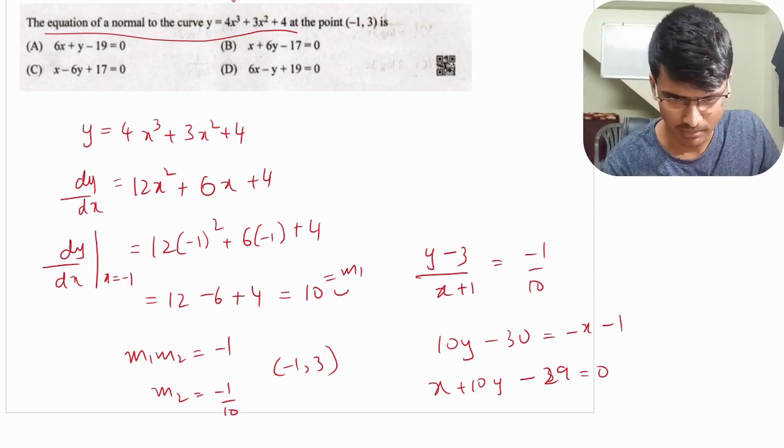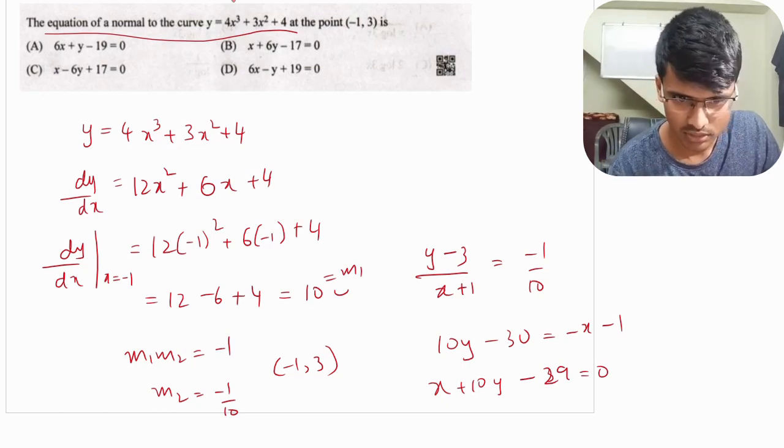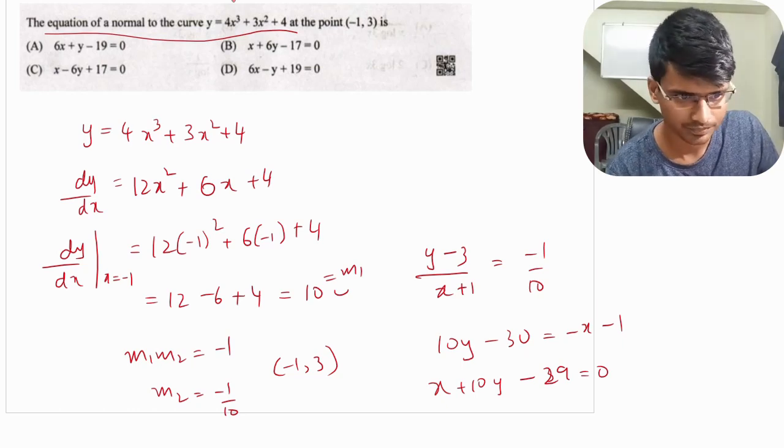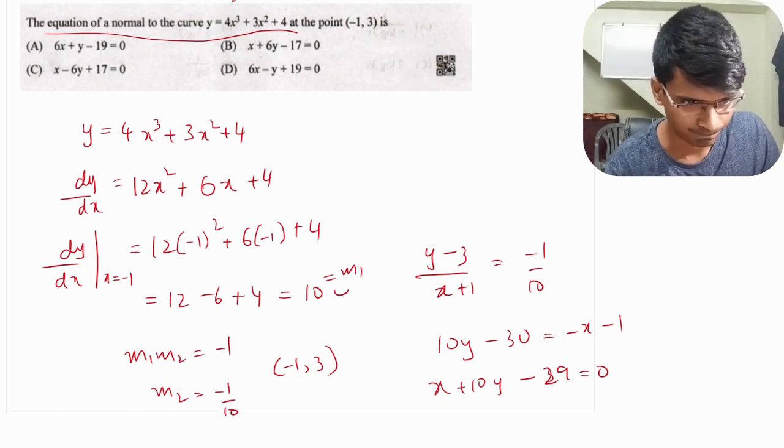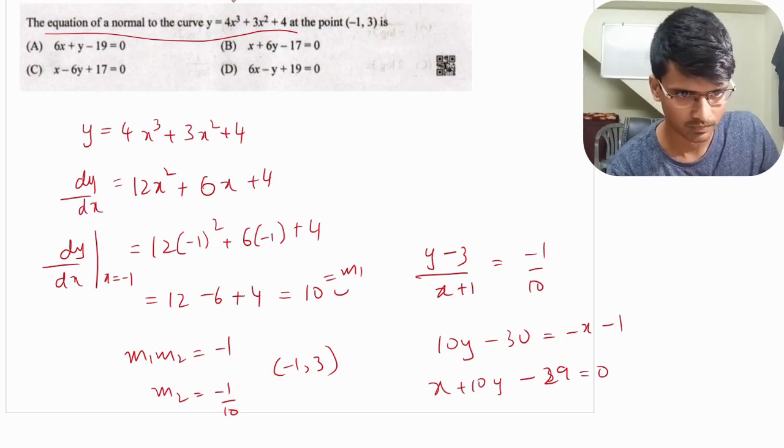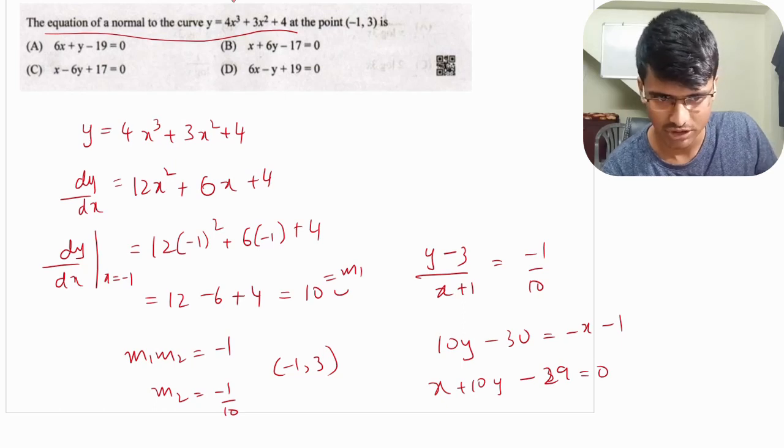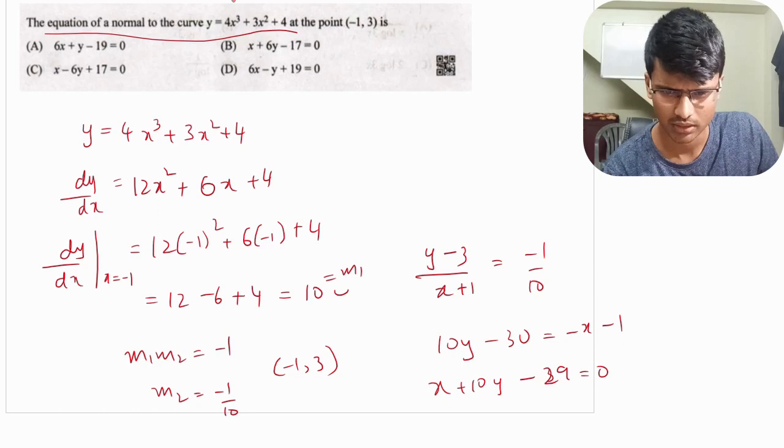Sorry, we have made a mistake here. Let me check. The slope is minus 1 by 10, yes.